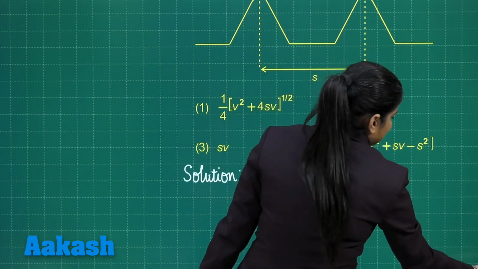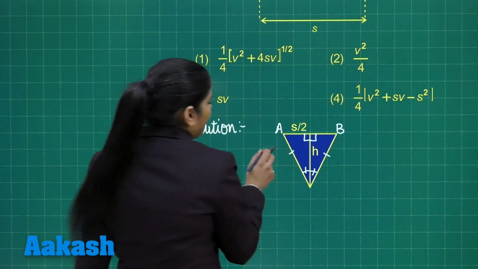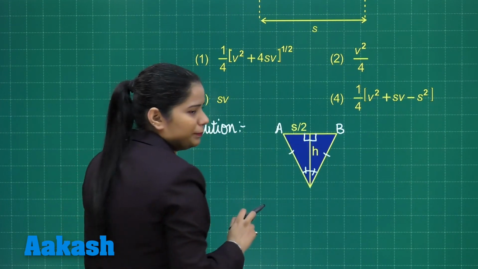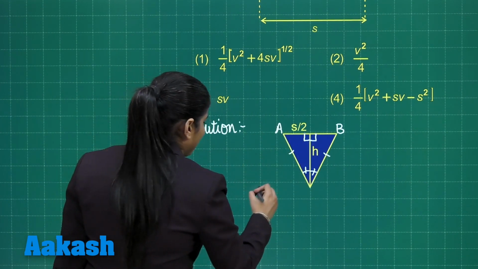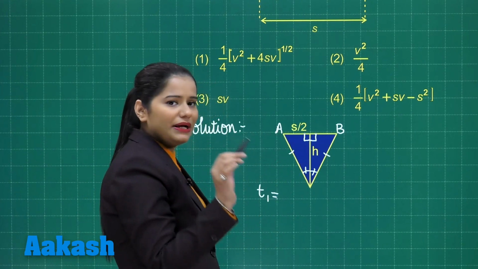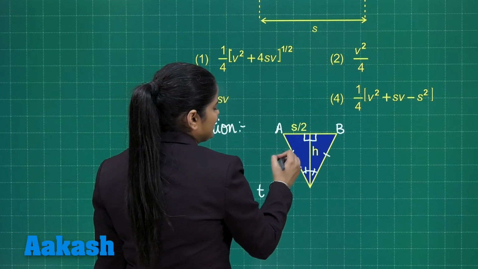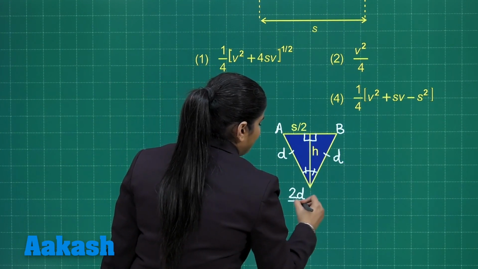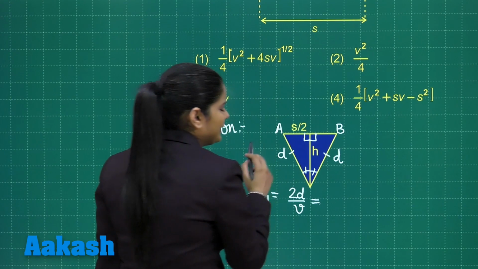Now here, if I say T1 is the time taken by the sound to reach the ground and then going to B. Okay, so how can I calculate T1? T1 is going to be the distance divided by the speed. What is the distance? If I say this is D, this is also D, so that will be 2D by V. How can I calculate D?